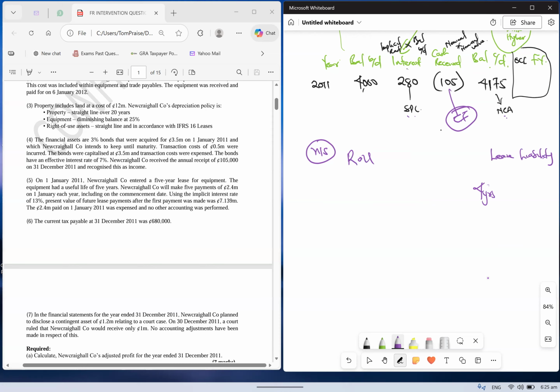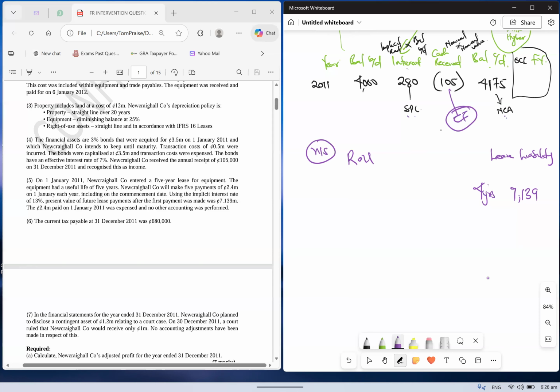So after the first one, the 4-year lease payment that is left is what you have as 7.139 million. So that would be something like this, 7.139. So he has done that one for you.